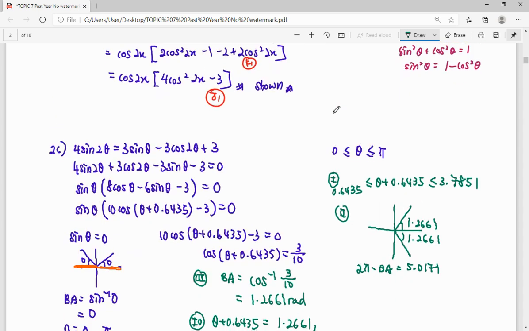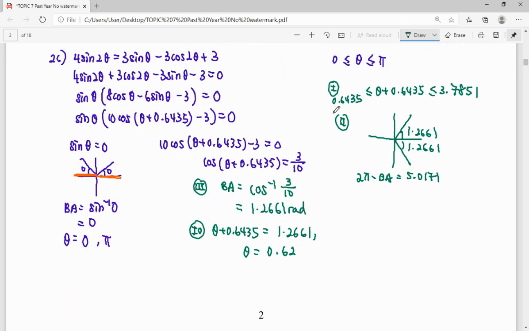We look at our question: it asks us to put our answer correct to three significant figures, so it will be 0.626, and when rounded off, the 26 will become 3. So this will be our final answer. In conclusion, our theta values are 0, pi, and 0.623 radian.